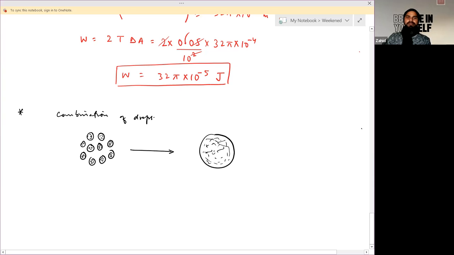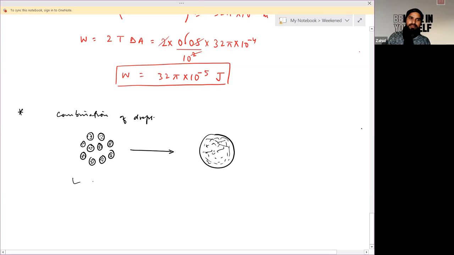You will be asked first, which of these two combinations will have larger energy? You will say the smaller the body is, the more surface area exposed to air. It means it will have a greater amount of energy.